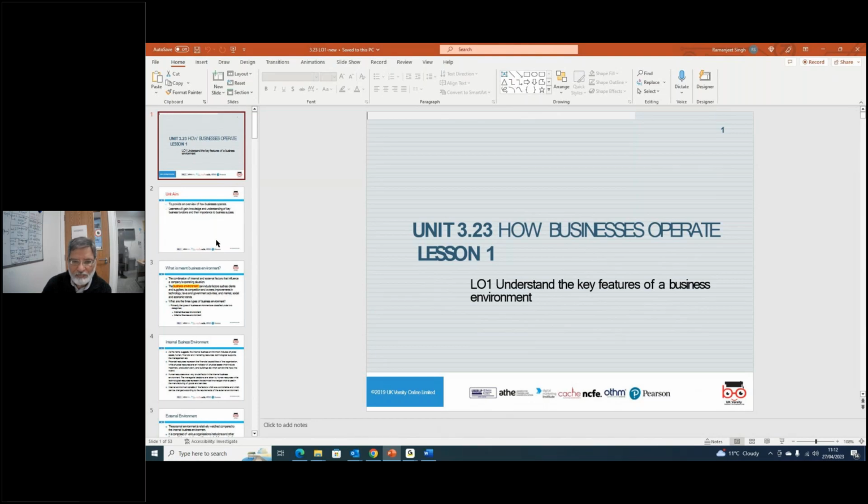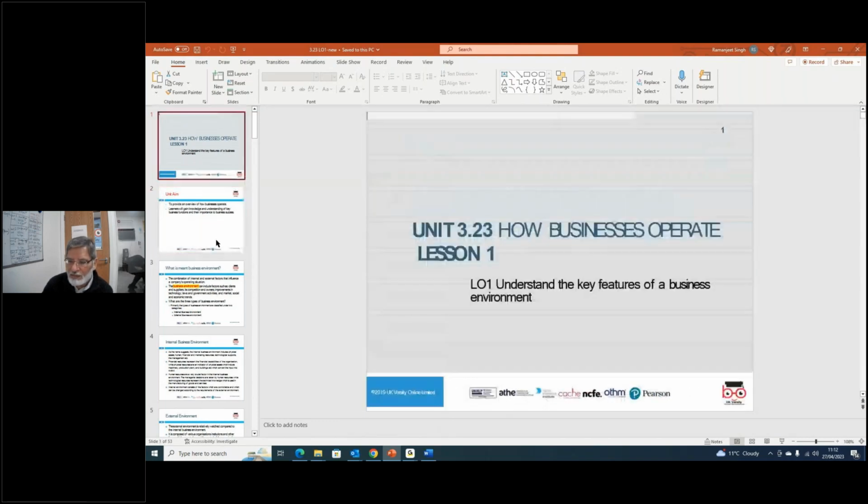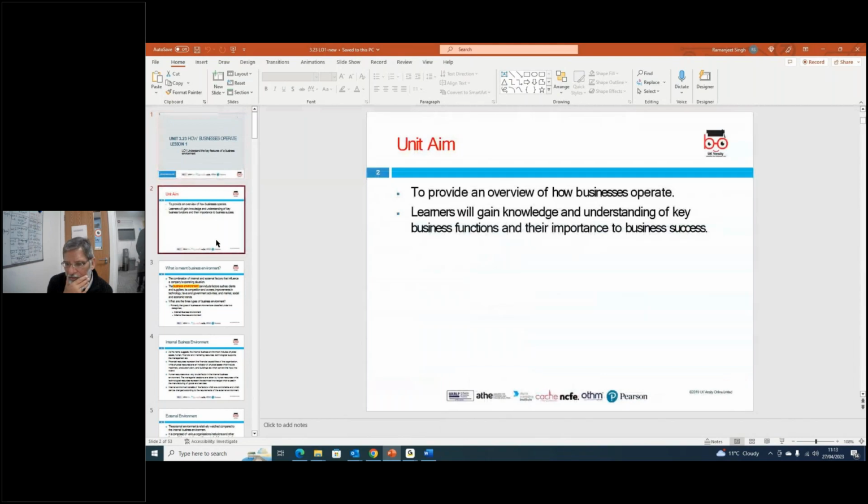Okay. So the first learning outcome is to understand the key features of a business environment. What do you think the key features may be in a business environment? What do you think business is? Any idea what a business consists of, or how they operate? So, like, what your business does, first of all.